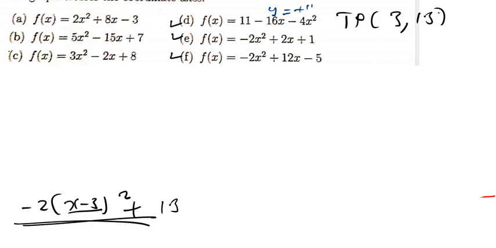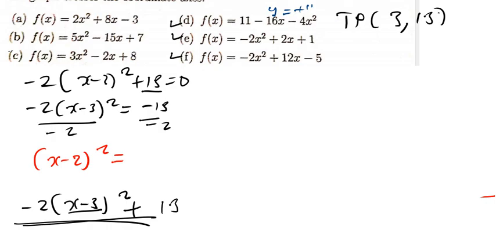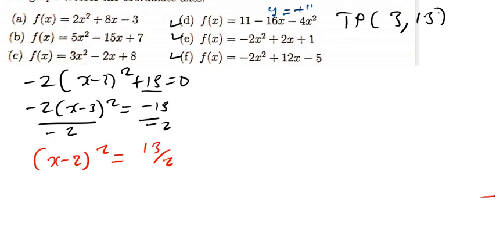That's a turning point. To find the x values, remember what I said, you can use the simple method. Instead of us using a very complicated one for quadratic, just do this, equate this equal to 0, shift this to go to the other side, negative 2 times x minus 3 squared will be equal to negative 13. Divide both sides by negative 2, then we have x minus 3 squared being equal to 13 over 2. At this point I can now get the square root. I can square root both sides.